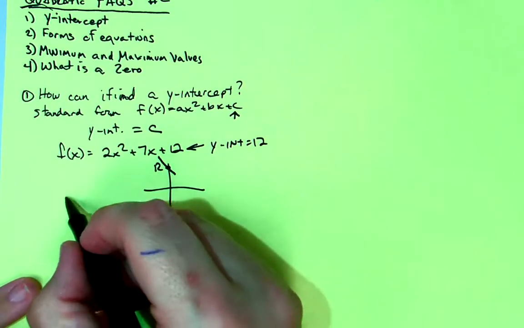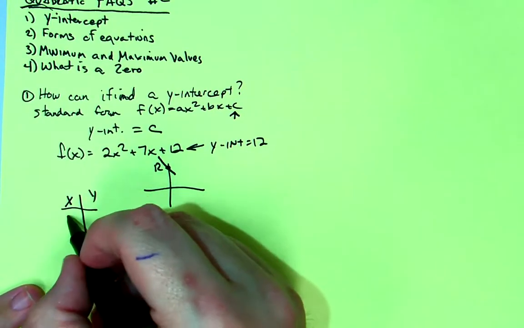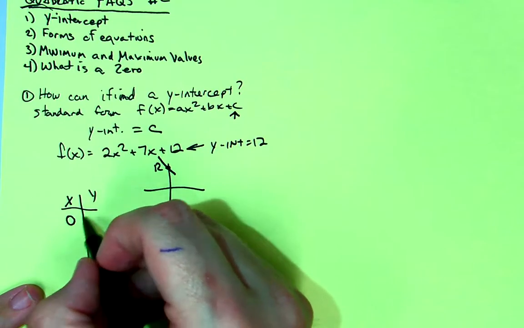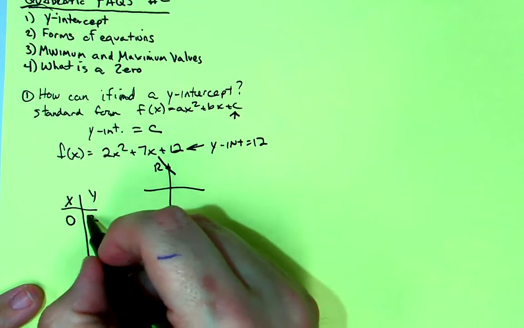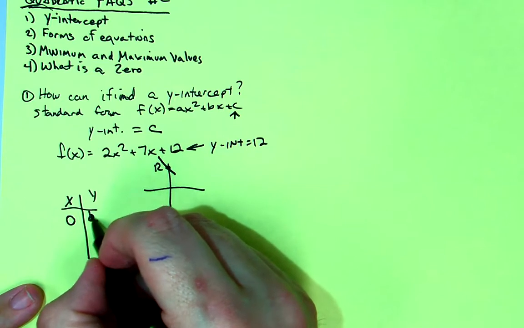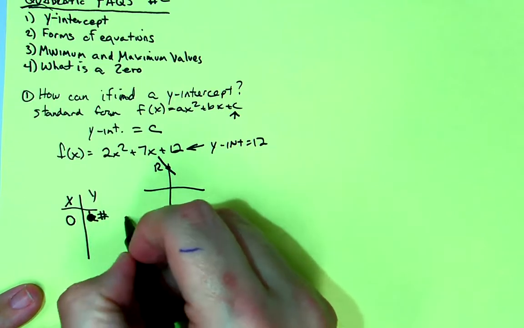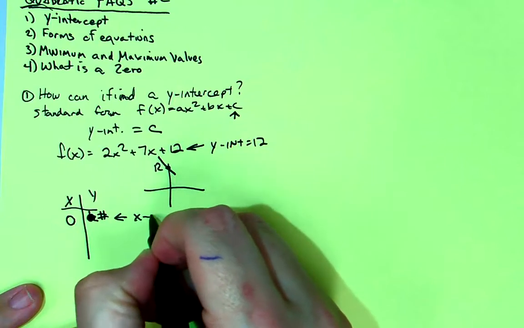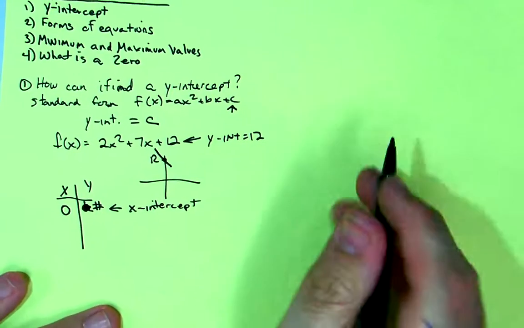Otherwise, in a table of values, if you see an x value of 0 and you see a y value of some number, whatever that number is, that's your y-intercept.